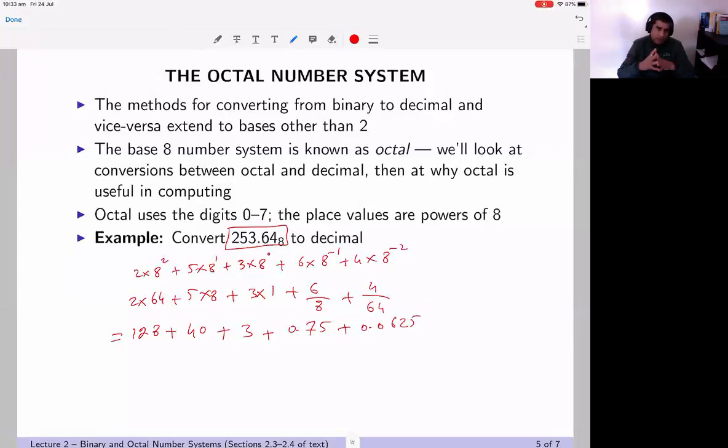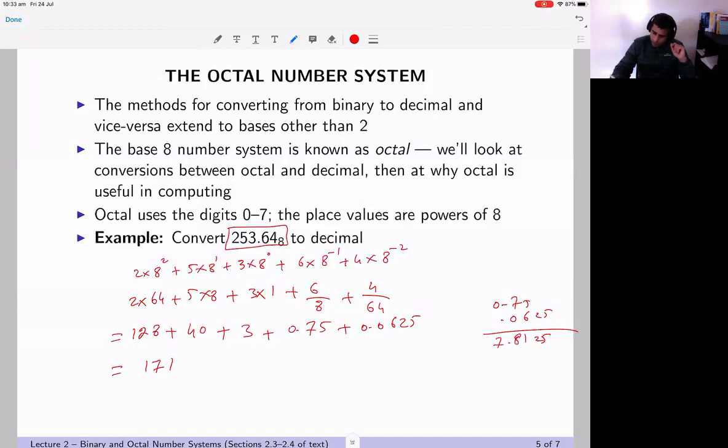You don't have to calculate that, you can leave it as it is. So this number is going to be 128 plus 40 is 168 plus 3 is 171. Then you want to add 0.75 with 0.0625.